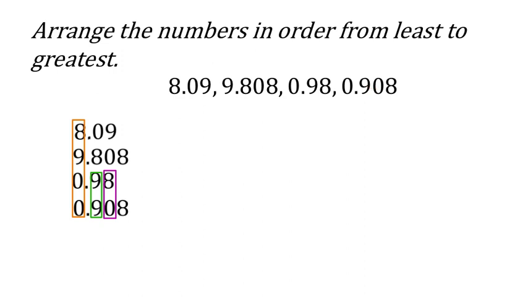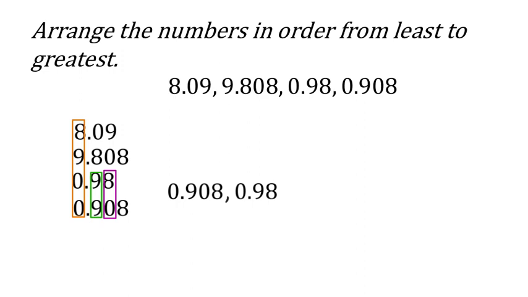Now, that came from this number here, so in order from least to greatest, we now have this number first as the least number. And since we were comparing specifically with 0.98 or 98 hundredths, we're going to take that 98 hundredths and list that second. We'll put a comma between them.